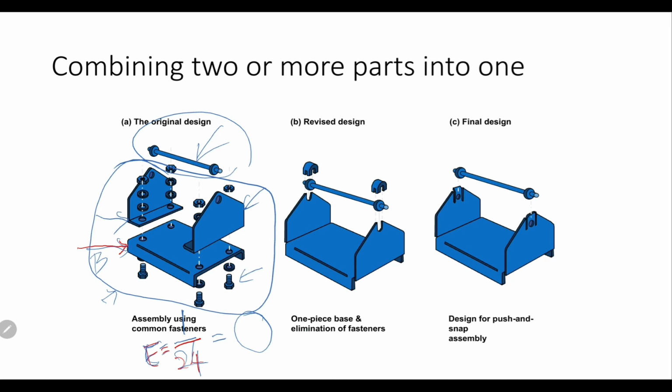Okay, then knowing which one is essential and which one is non-essential, we discuss and redesign in more detail. And after that process, let's say the team comes out with the revised design, the one in the middle. So here the total number of parts is 4: 1, 2, 3, 4.